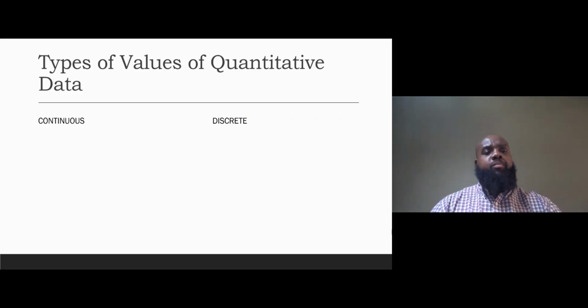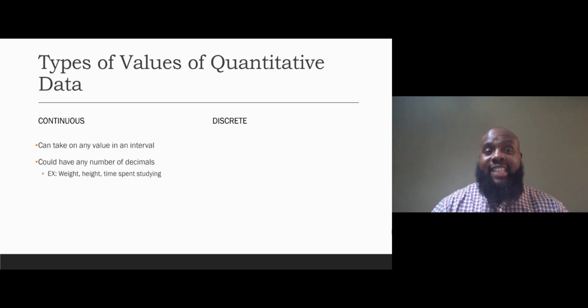And we can further classify quantitative variables based off of whether they are continuous or discrete. Now, this can get a little theoretical, but we'll talk about it a little further. For continuous quantitative variables, the values can take on any value in an interval or on a certain range.